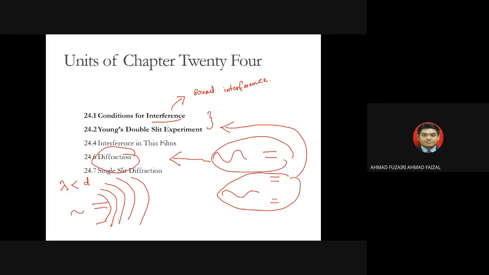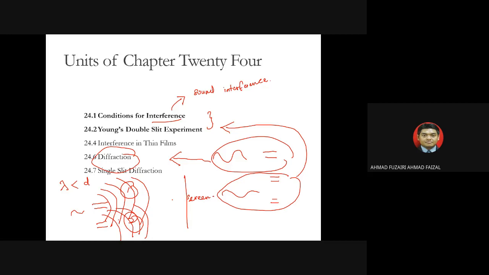But what will happen kalau kita ada dua slit? Yang bawah ni pun akan ada interference juga. Bila dua-dua ni combine, ini yang satu, ini yang dua, terhasillah a dark and bright fringe on the screen.